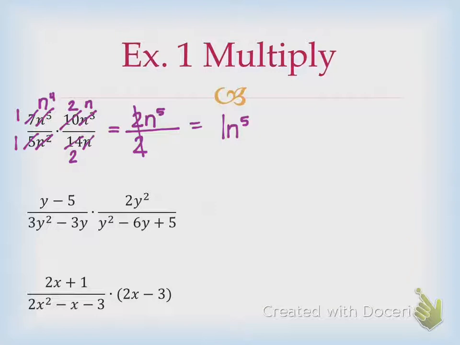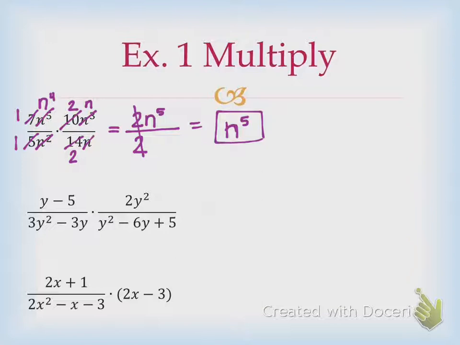You can just cancel out the 2's and say, I've just got n to the fifth. And that's my final answer there. Do you see how today's lesson is almost identical to yesterday's, only this time we're adding in another fraction? Okay, let's do this next one.